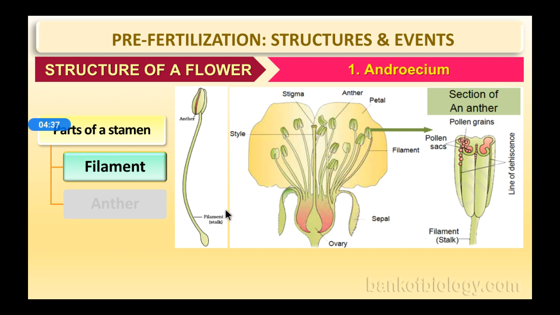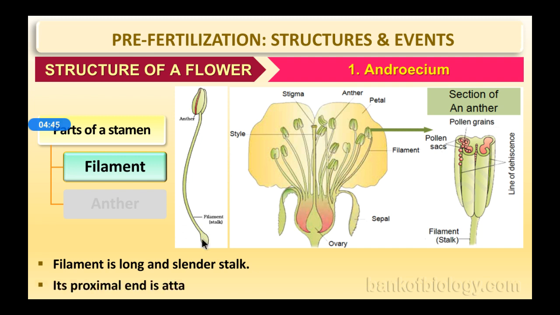It is a long, slender stalk, and its proximal end is attached to the thalamus or the petal of the flower.